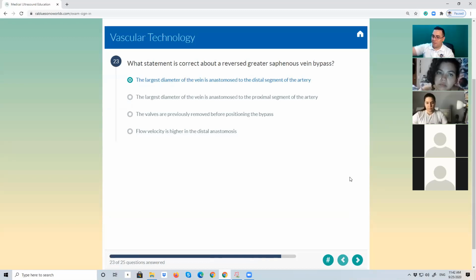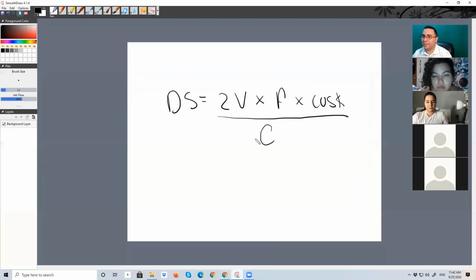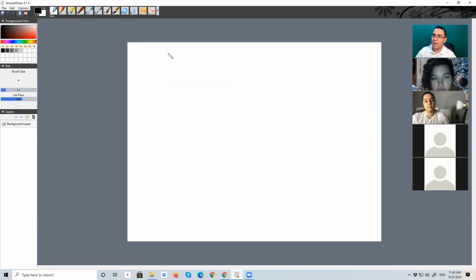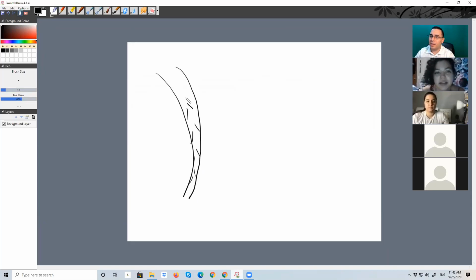Okay, let me just go here. Your GSV in normal conditions is like this, right? And then you have your valves. Okay, right. I was thinking it's backwards.